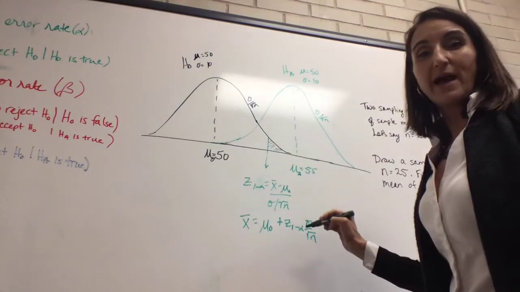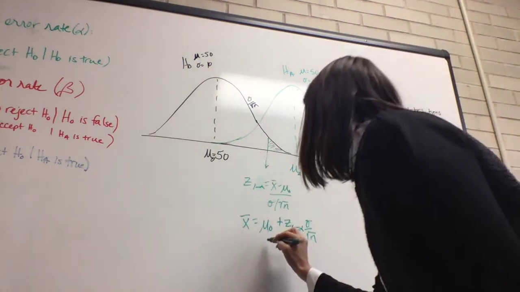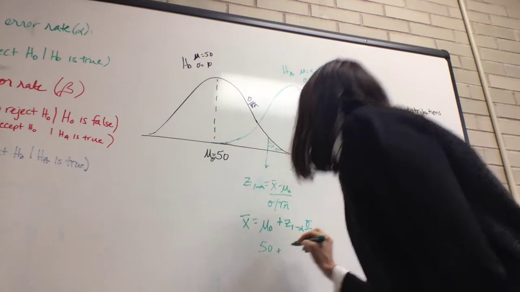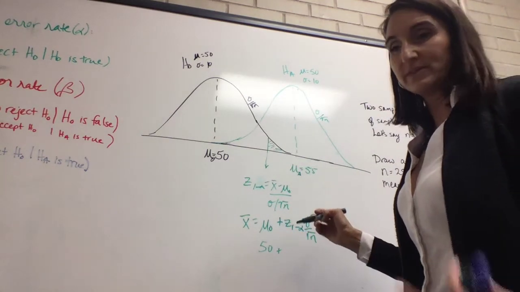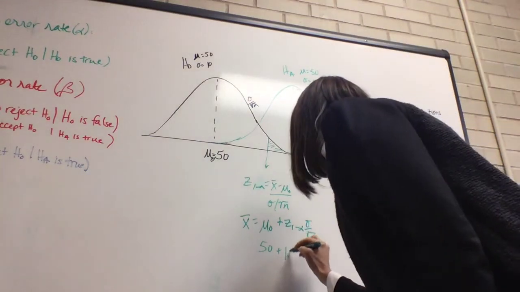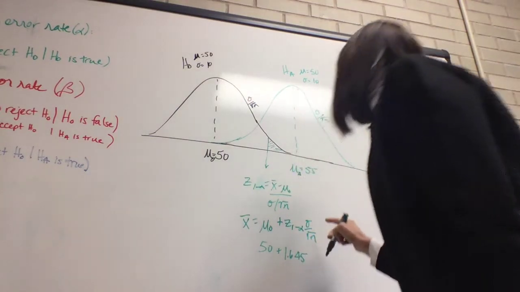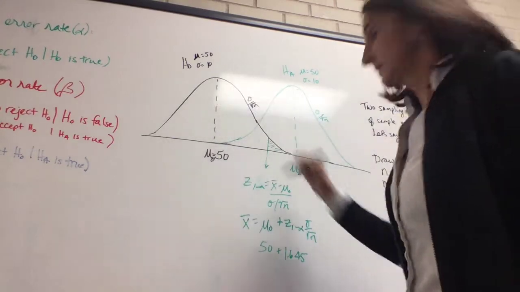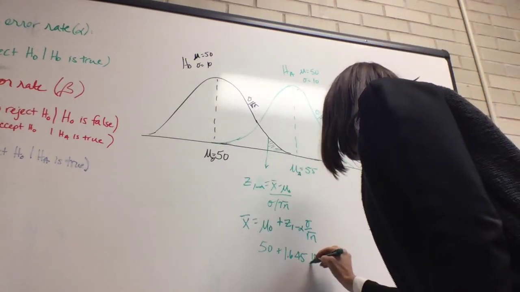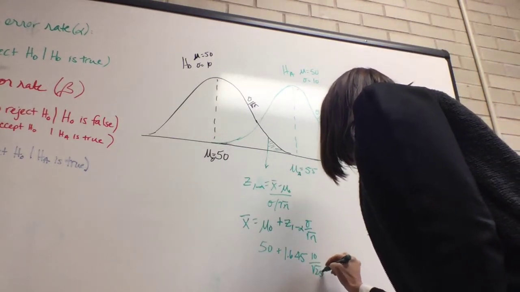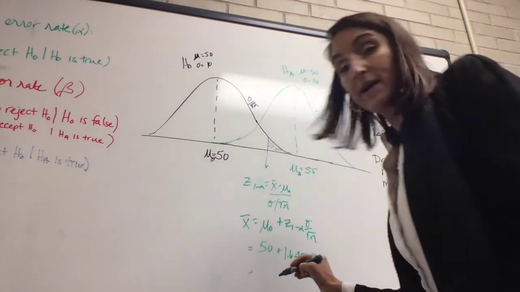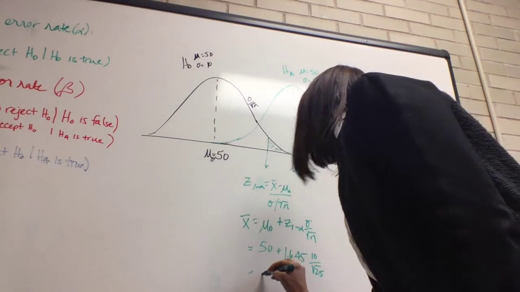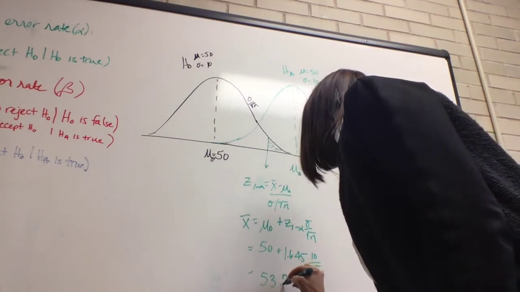If we put in our values here, mu naught is 50. Z of 1 minus alpha, that means Z of 0.95. We'd look at our tables and find that that is 1.645. Sigma here I set at 10, and we set our sample size at 25. We find that X bar, or the upper bound for our confidence interval, is 53.29.